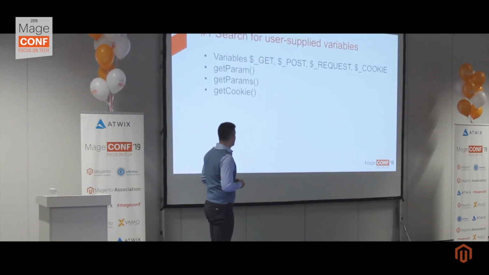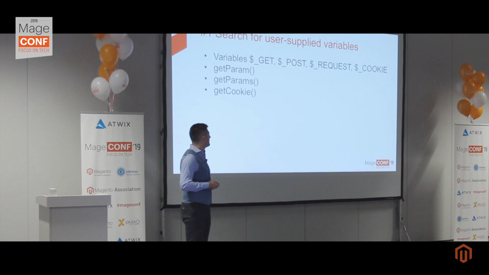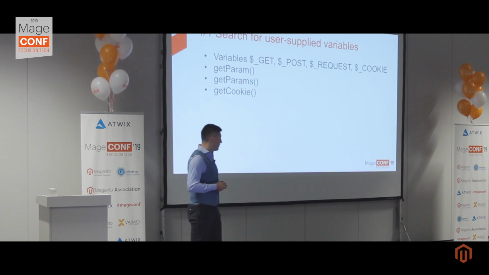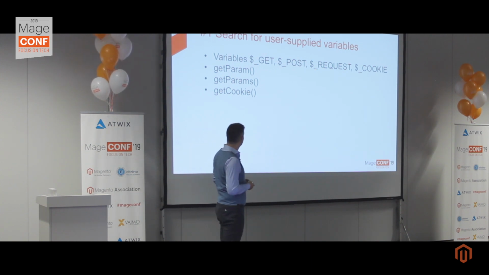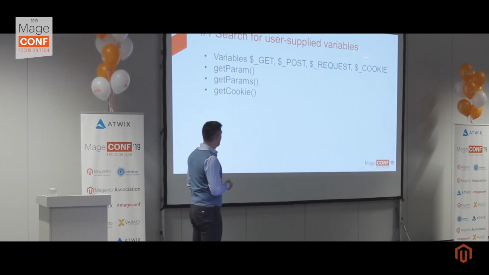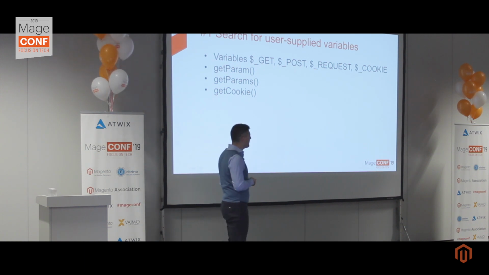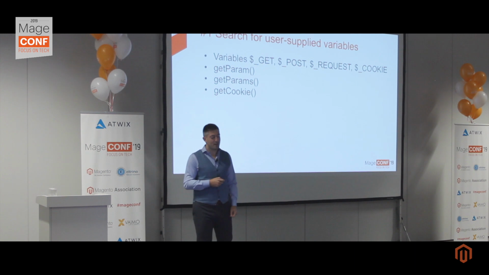First, search for user-supplied variables. If you find any of those first four variables, it means the code really smells, and I'm pretty sure you'll find some really interesting stuff and some issues.